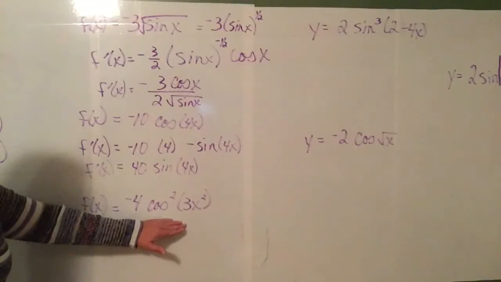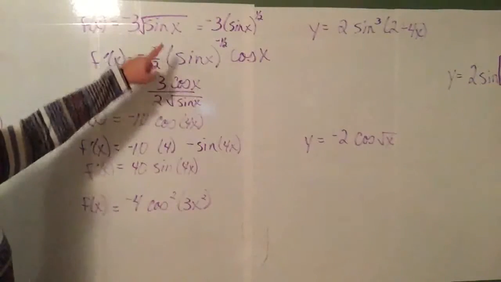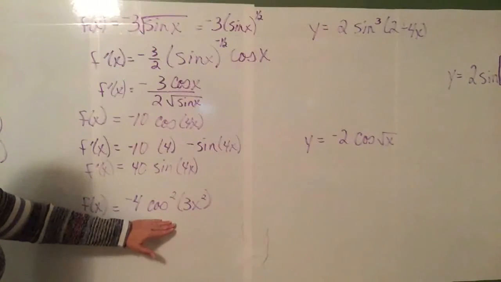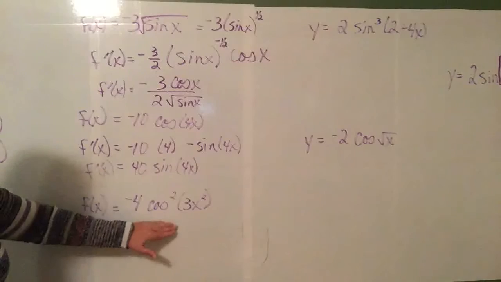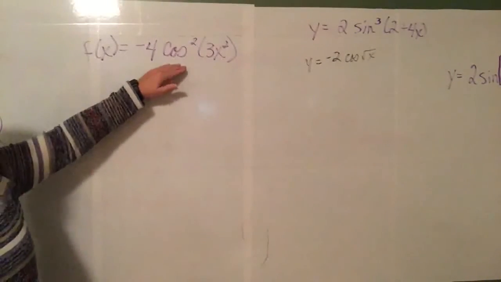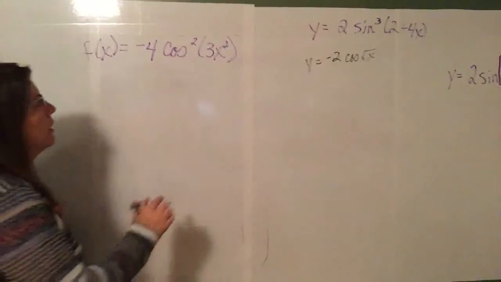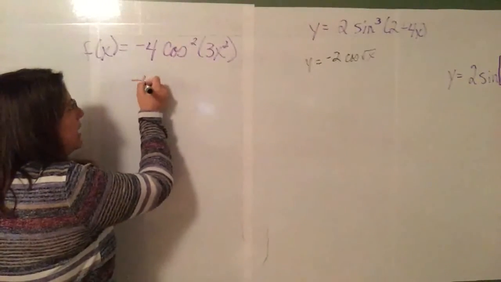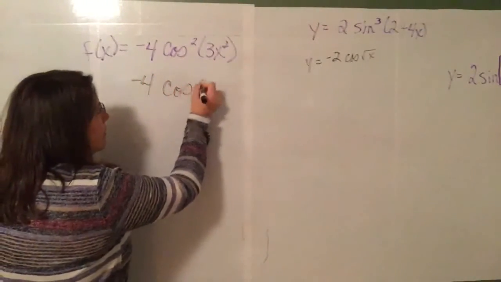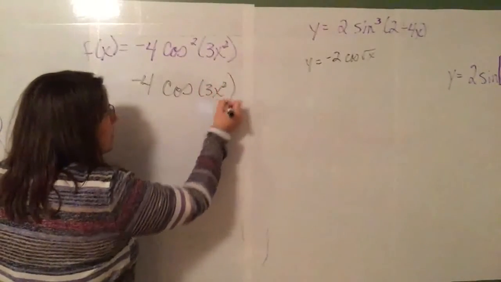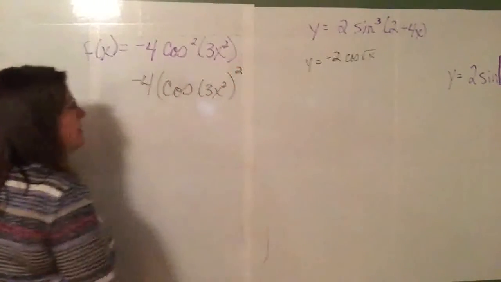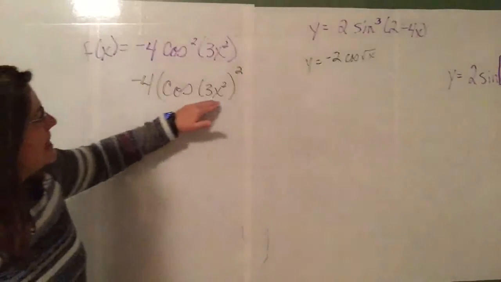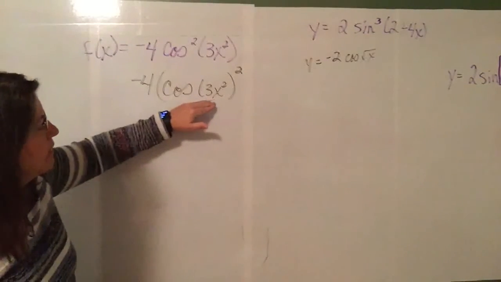This one is another one like that one was. So I'm going to do a quick rewrite of this one. That cosine squared is the same thing as this. That means exactly the same thing. So my inside function here is cosine 3x squared.